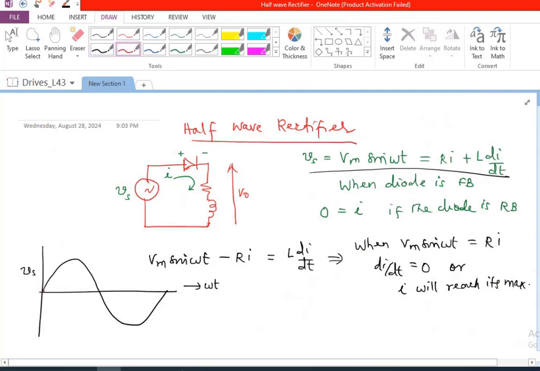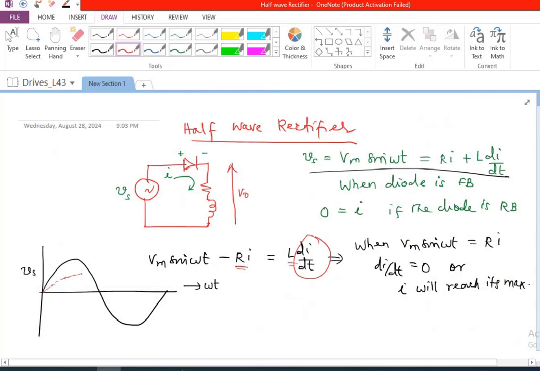The voltage is also 0. But it is starting from 0 and slowly increasing. The current is increasing depending upon the relative values of R and L. So the current is slowly increasing as long as Vm sin omega t is greater than Ri. Only then di by dt is going to be positive. So the current is going to increase.